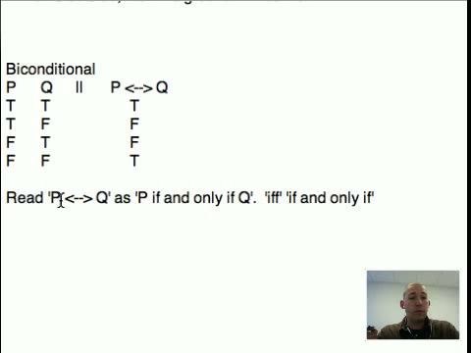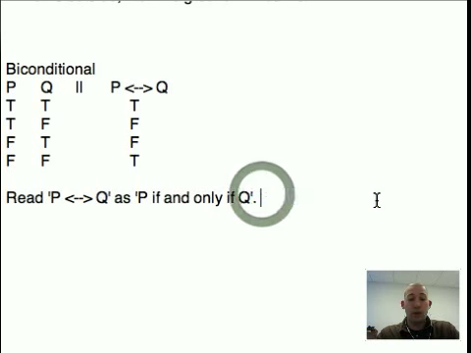So here we can read the biconditional in the same way, if and only if. But importantly, this is not necessarily the English version of if and only if. It will express similar sentences, but maybe not all of them.